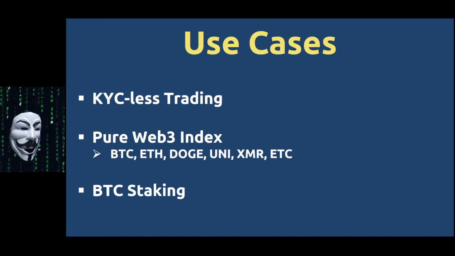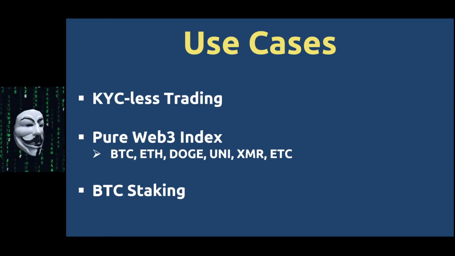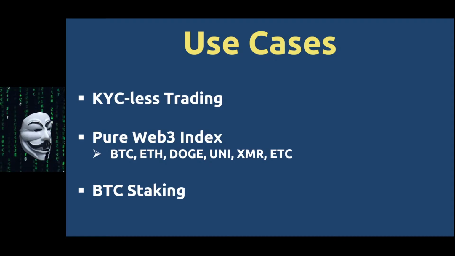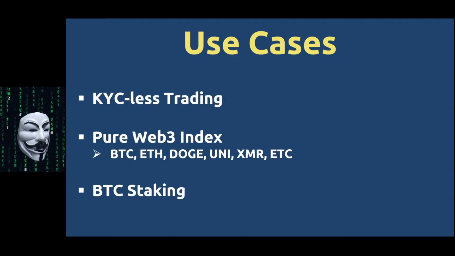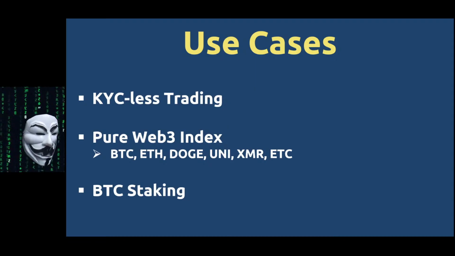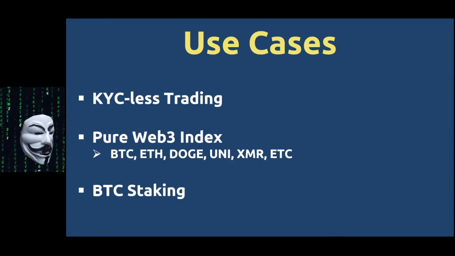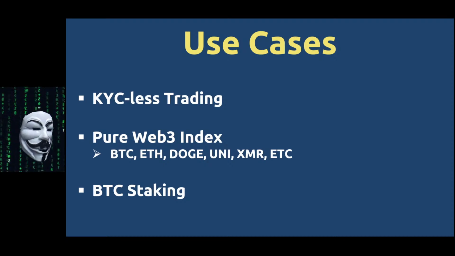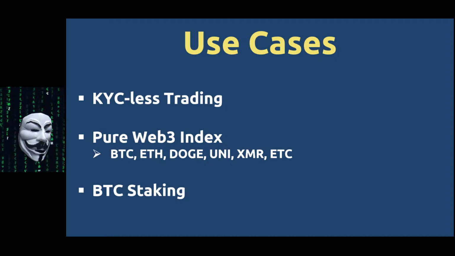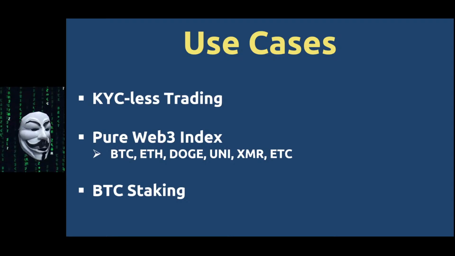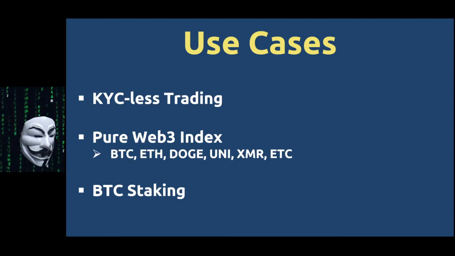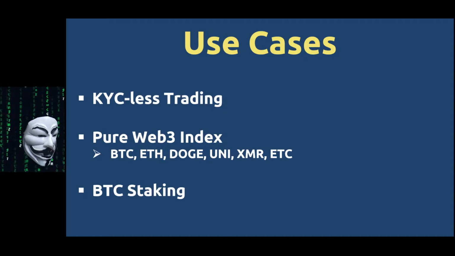Now, if you're going to be buying CMC20, how are you going to be buying it? Well, you're going to be buying an index, right? But are you actually going to be owning Bitcoin? No, you're going to be owning an index, trusting a third party who will be collateralizing Bitcoin, Ethereum, Dogecoin, etc., and through this collateral issuing shares of the ETF or DTF, however they call it, of CMC20.